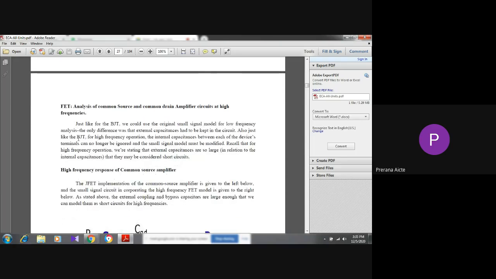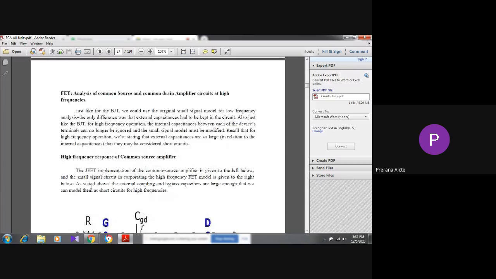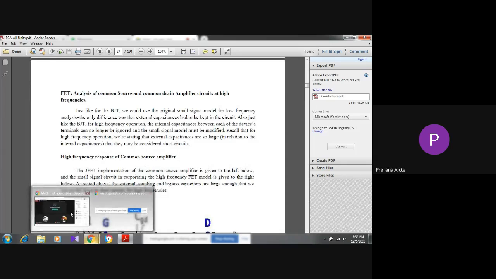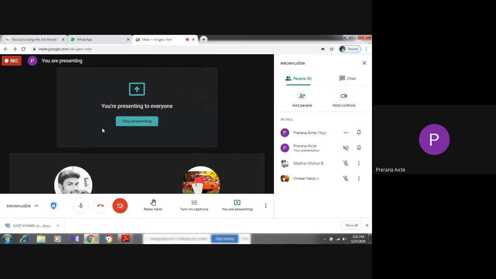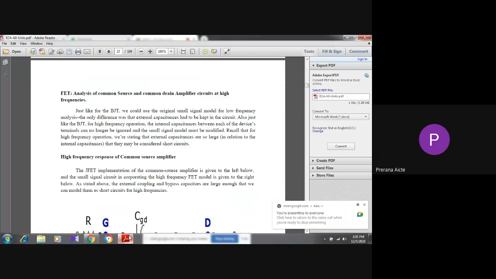Now coming to the second one, FET amplifier concepts. Field effect transistor. Just like BJT, we could use the original small signal model for low frequency analysis. For FET also we can use the same figure. FET is a unipolar junction transistor.